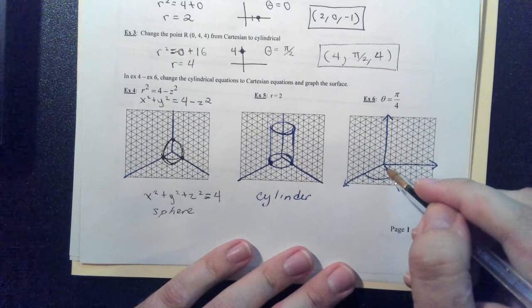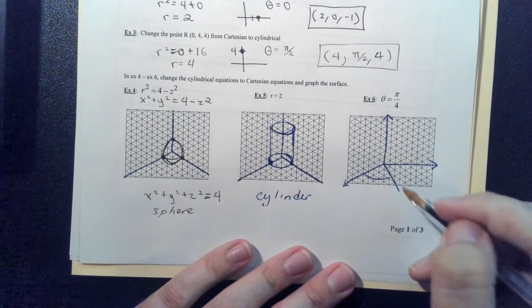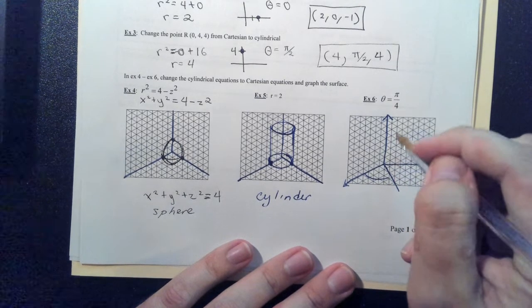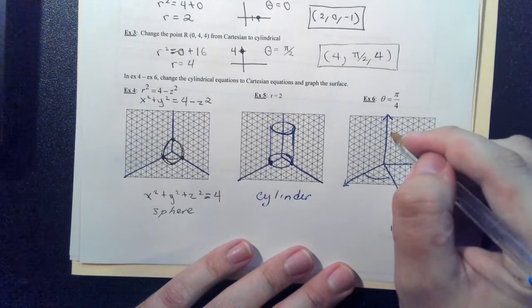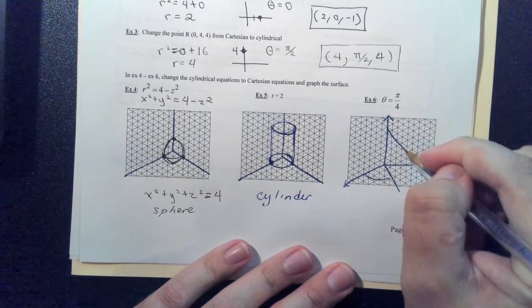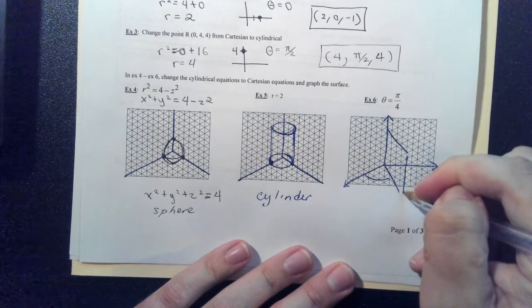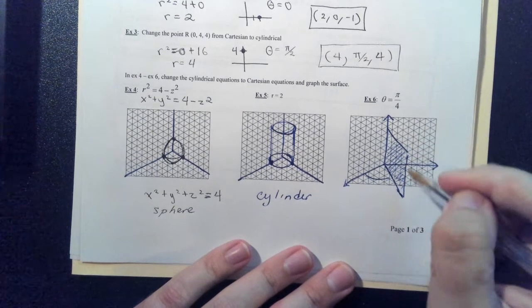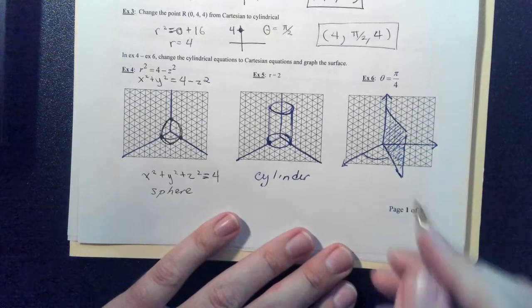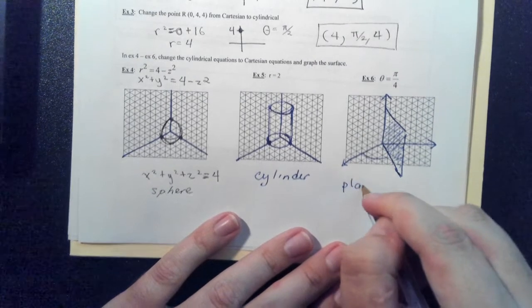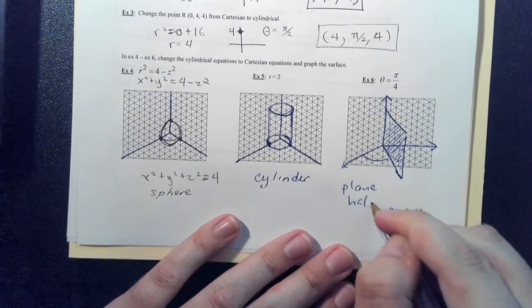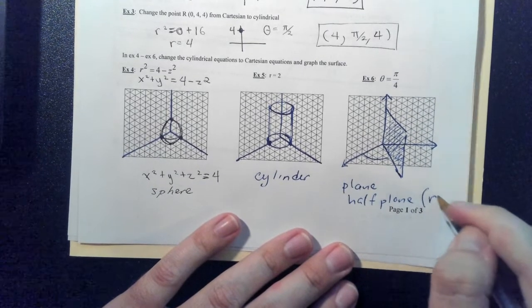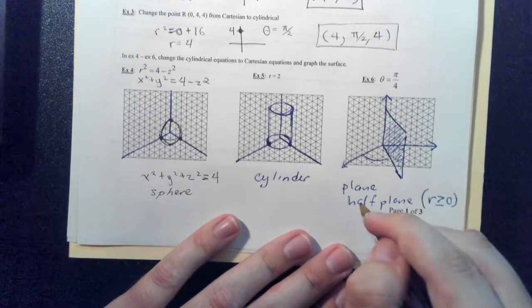That means I will get all the points on this ray. And I can, again, vary z, so I can extrude upwards. What I get in this instance is a plane, or more technically, it's a half plane, since we are considering r to be non-negative.